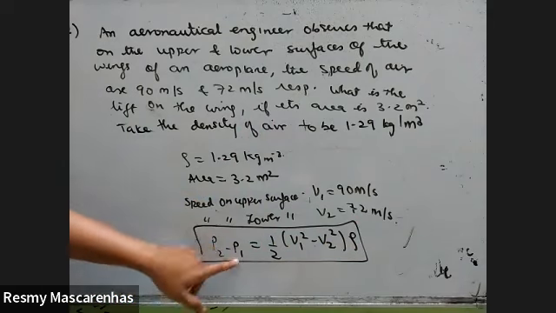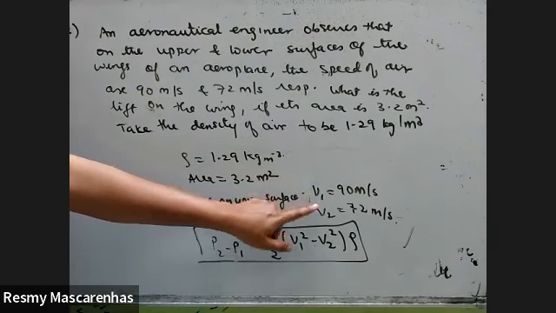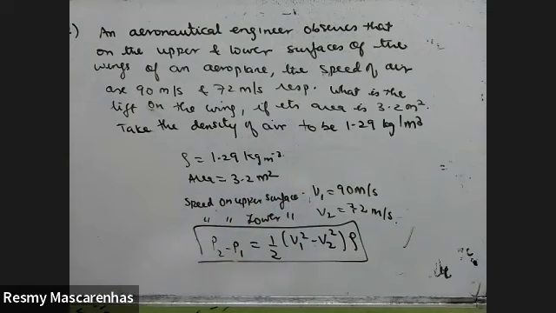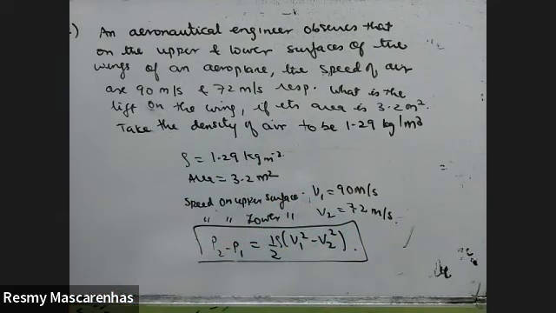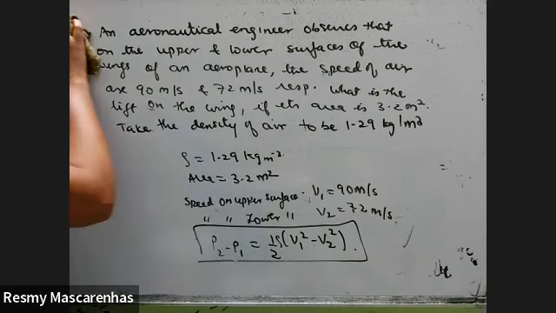So just calculate the pressure difference. Directly V1 and V2, half rho; you can use rho on this side also, no problem. Just substitute the values straight away. Area is not in the picture as of now. Later it will come.